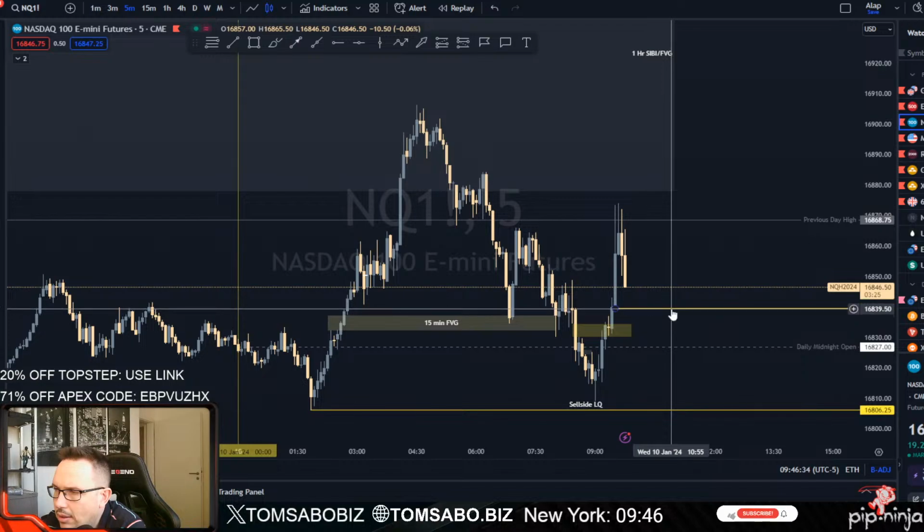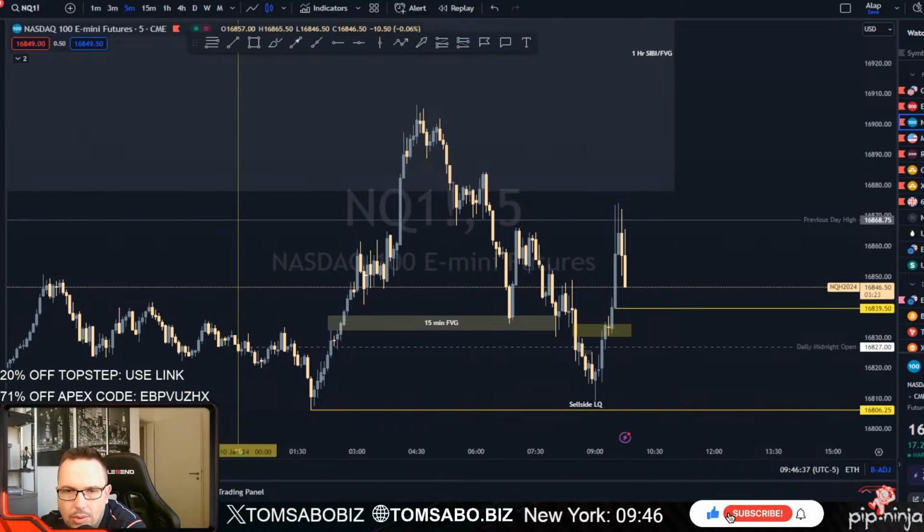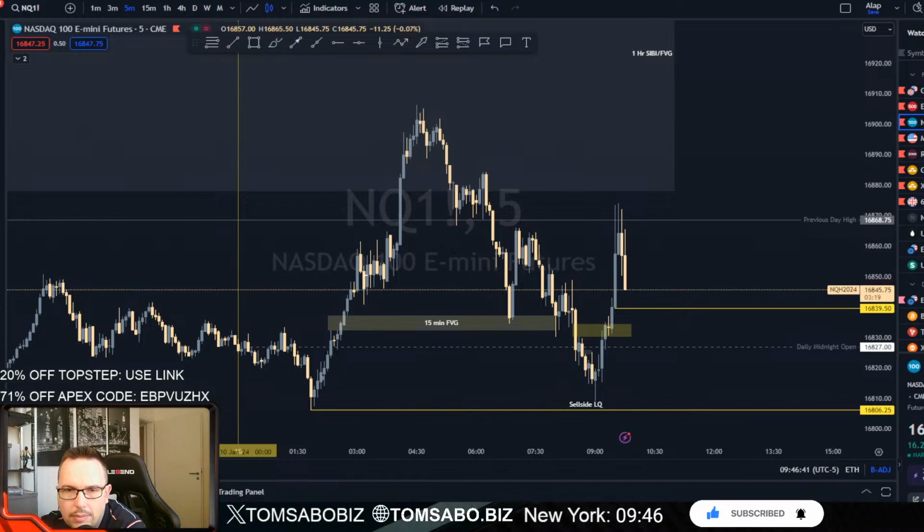Looking at the 39 level, are we going to reclaim that level or what? Looks like it wants to go back down there.